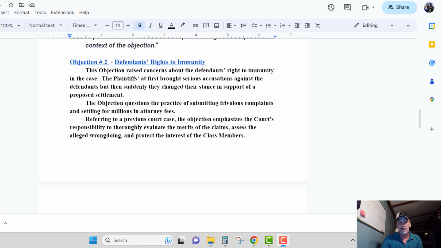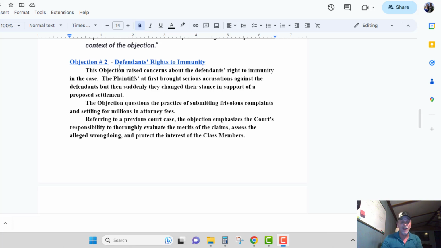The objection questions the practice of submitting frivolous complaints and settling for millions in attorney's fees. Referring to a previous court case, the objection emphasizes the court's responsibility to thoroughly evaluate the merits of the claims, assess the alleged wrongdoing, and protect the interests of the class members. What does that mean? It means the court has a responsibility not to just settle the case, but to find out if those allegations are true because they break the law.